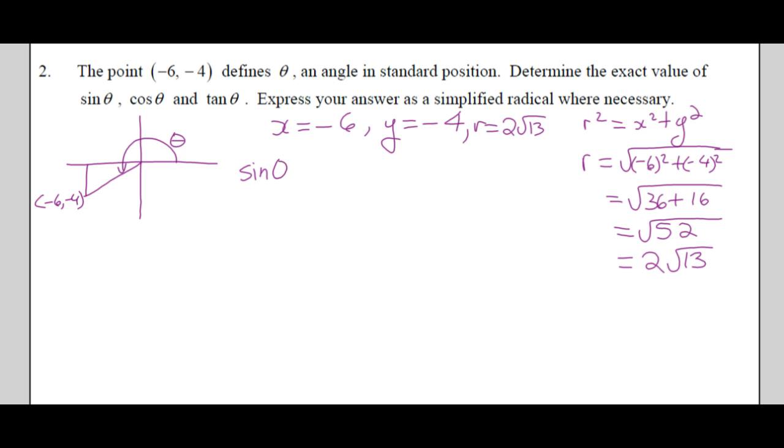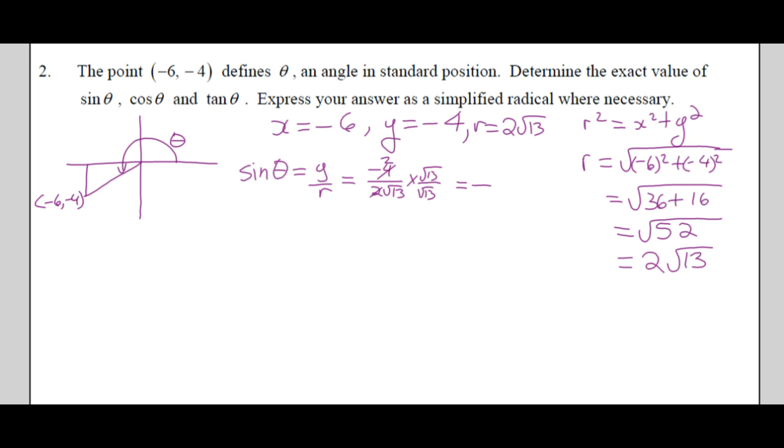Sine theta is equal to y over r, which is equal to -4 over 2 root 13. Now I want to get that as a simplified radical. We have to rationalize the denominator, so we're going to multiply by root 13 over root 13. 2 goes into 4 twice. Up top, its sign is negative, and by sign I mean S-I-G-N sign, not an S-I-N sign.